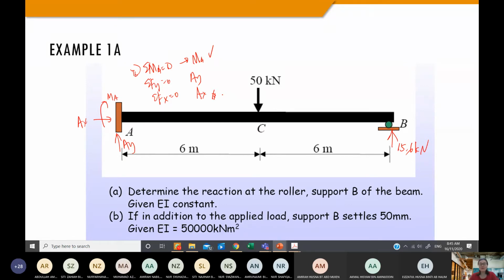If you want to draw the bending moment diagram, you use these real values to cut sections again, and then you can determine any shear force and bending moment at any point of this indeterminate system. So now I want to share with you, what if the support B has settled 50 mm?